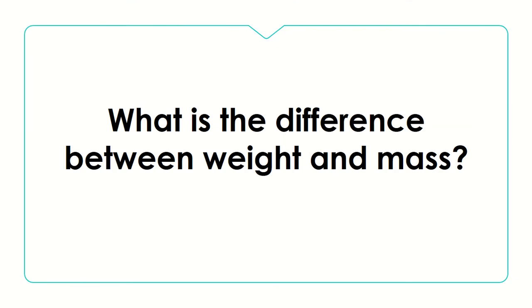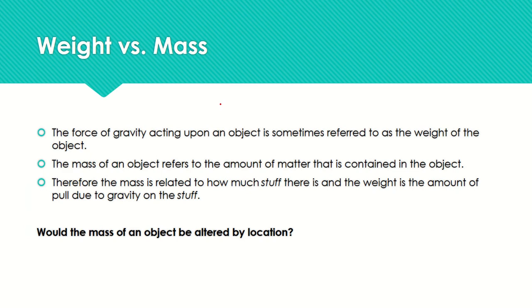Now, another really key important thing is, what is the difference between weight and mass? They are very different things. We use them interchangeably in everyday life, but I want you to think about it like this. The mass of an object is purely just the amount of matter it has inside of it, how many little atoms are packed inside the object.